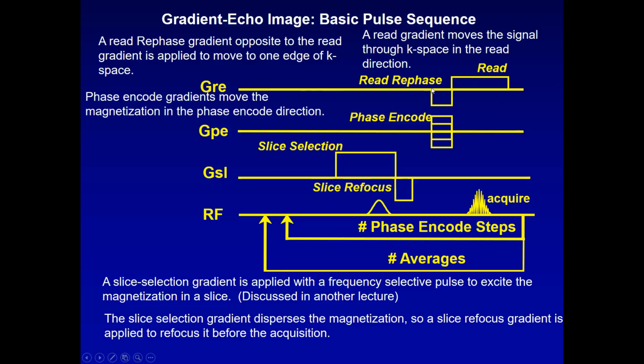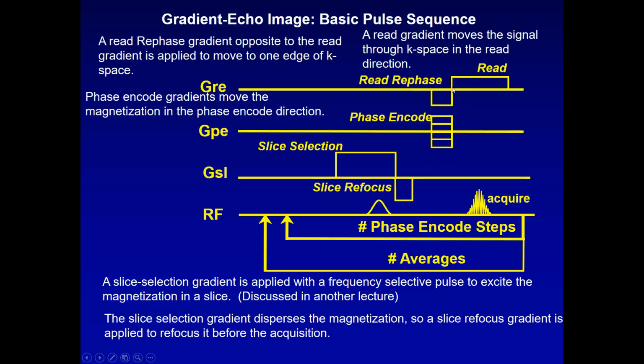So we will clock out the slice selection, fix the magnetization, put it back into phase coherence. Then we'll move to the negative side of K-space and move for the read direction, and move to a particular phase encode location.